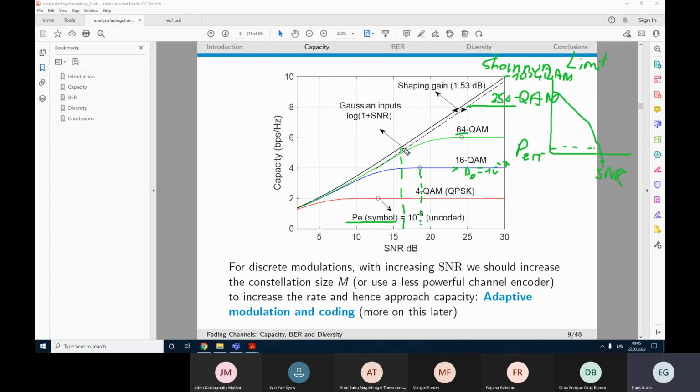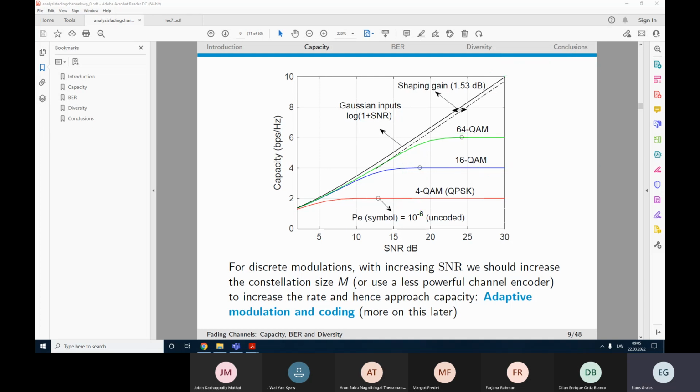However, as you know, increasing the number of signals also reduces the distance between these signals, and this makes it much harder to detect these symbols. So we need very strong coding, and currently only for some specific points we might get very close to this theoretical Shannon limit.